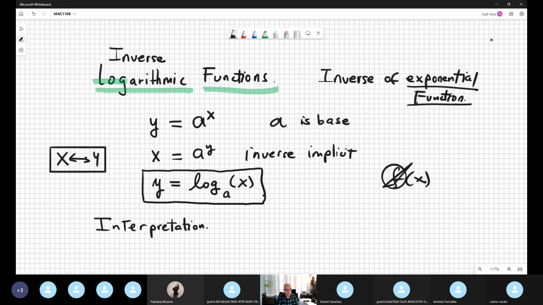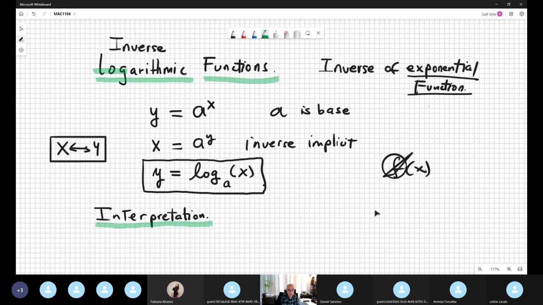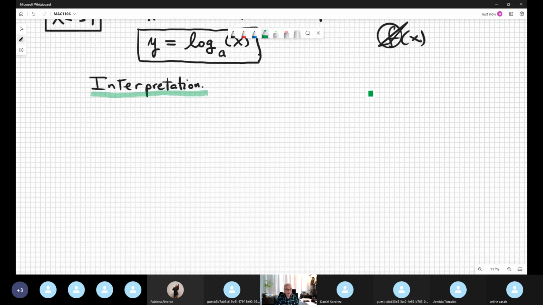What is the interpretation? Let me try to interpret this. I propose one idea: express some statement in both ways, in exponential and in logarithm. This is the exponential statement, and this is the logarithm statement.